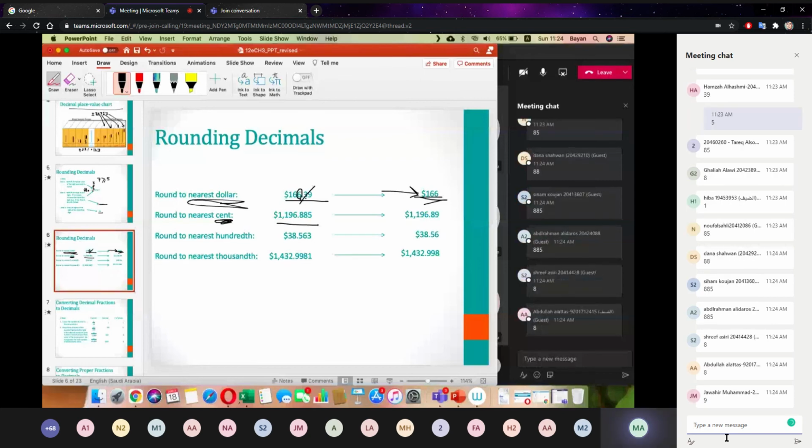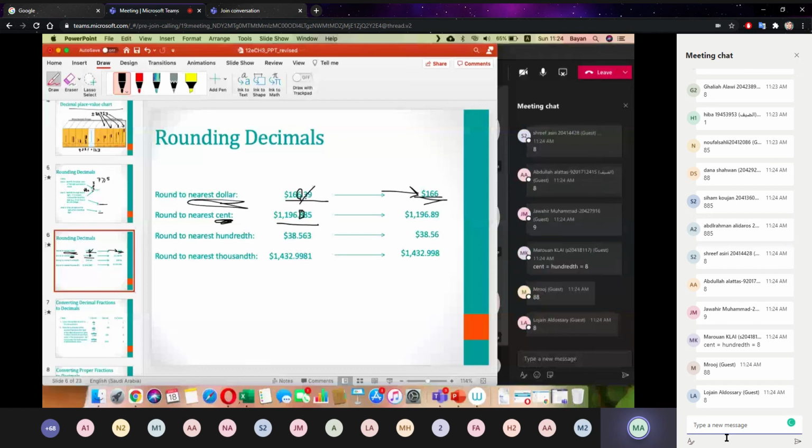Yes, Abdullah and Sharif. This 8 is the cent. No, cent is not hundred, it's tenth. Sorry, right, it's the hundredth. This is the cent here.